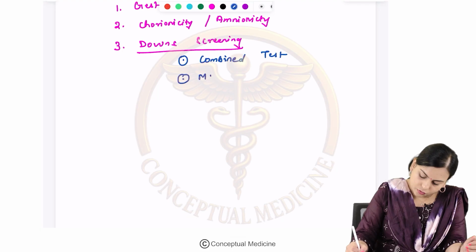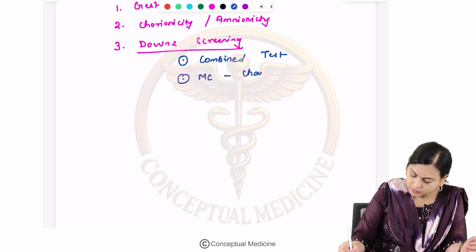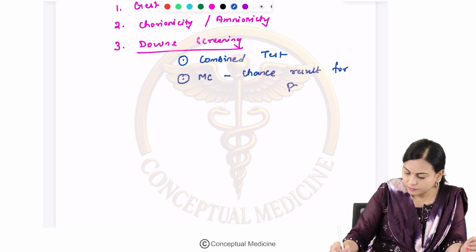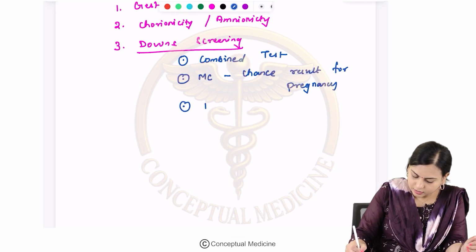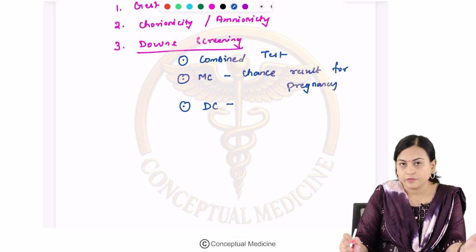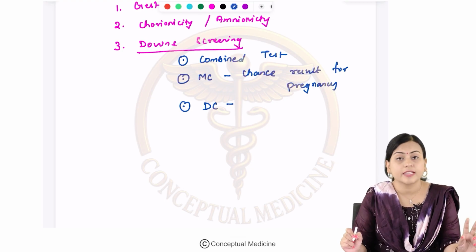Whereas, if it is a dichorionic twin, we have to calculate the chance result for each fetus.